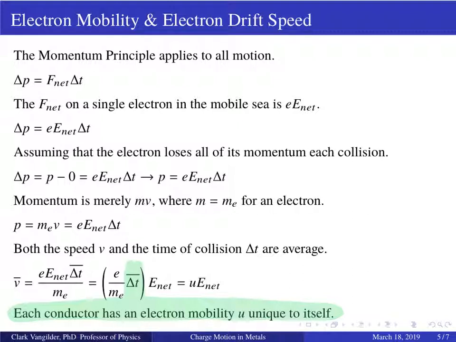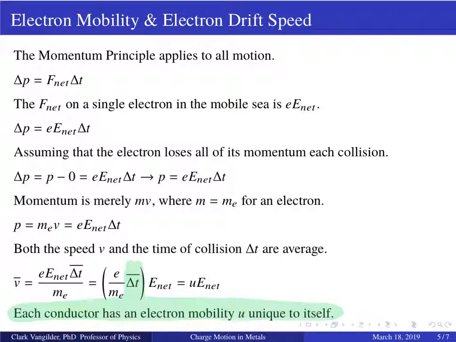If you had one electric field that's applied to these electrons that have a particular charge and a particular mass, the distance between collisions has changed, the environment has changed, and therefore each material will have a different time of collision, because that's the only thing that's changing if you keep the electric field constant.